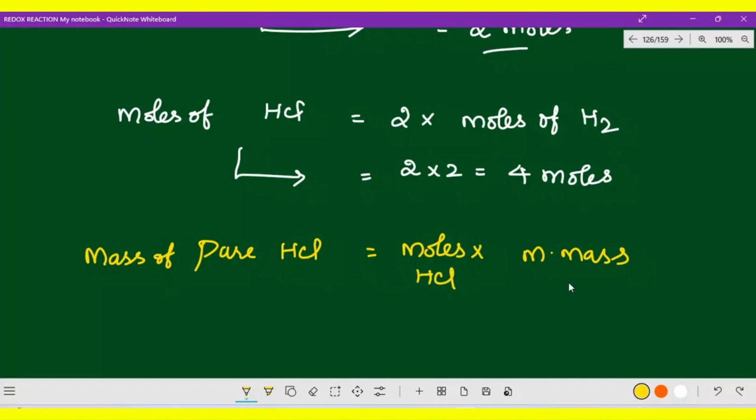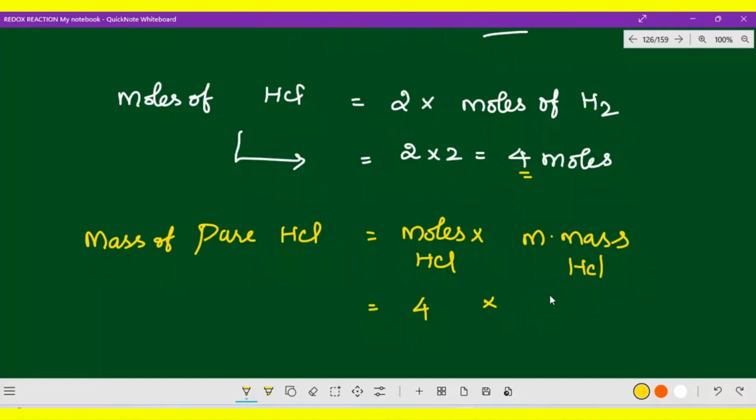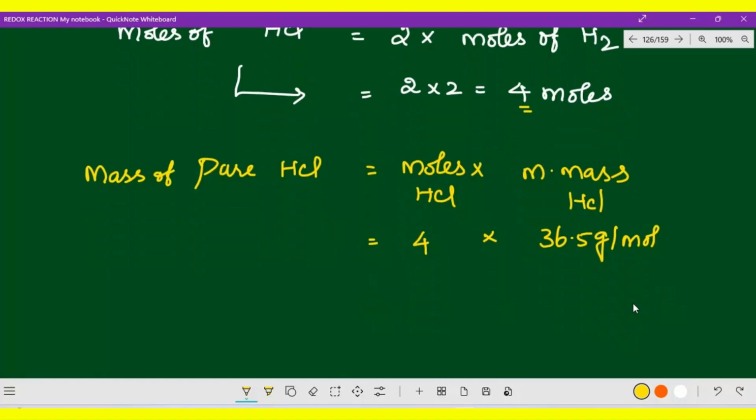Moles we identified as 4 moles, into molar mass of HCl, that is 36.5 gram per mole. Molar mass of HCl is 36.5, molar mass of H2SO4 is 98, molar mass of water is 18. These we use a number of times, so we know very well. So you'll be getting around 146 gram.